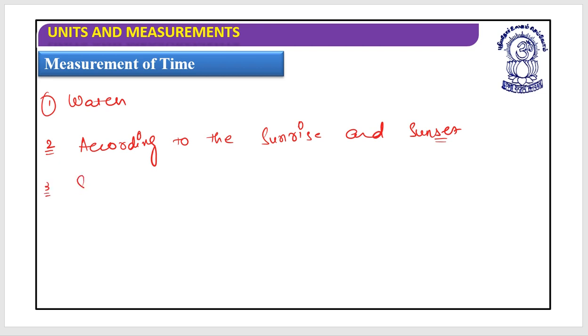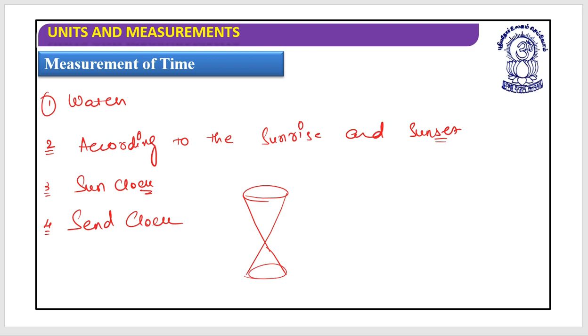Next is the sun clock. You might have seen this sundial, what we call a sun clock. Next, have you seen this sand clock? This kind of construction is there, and let's say sand is available in this and it is being poured into the other arm, so it's a sand clock.